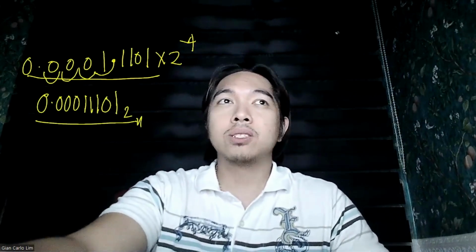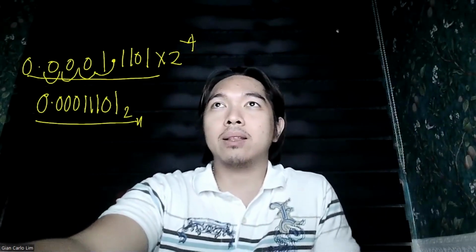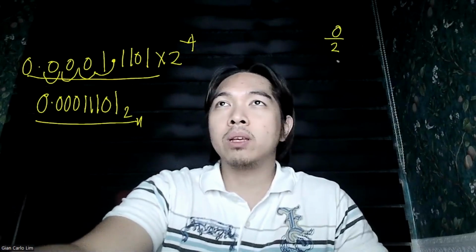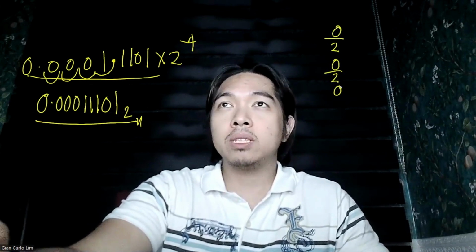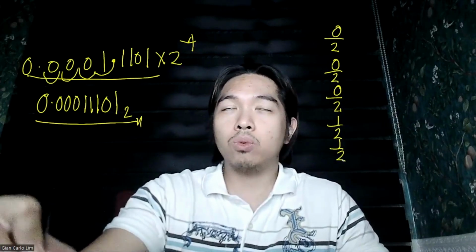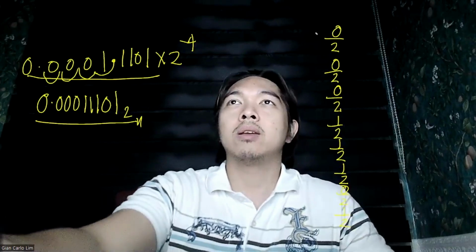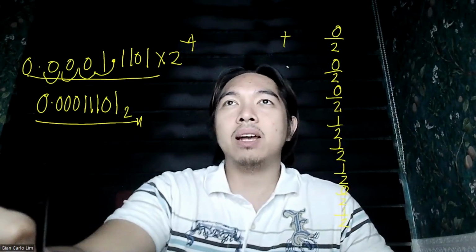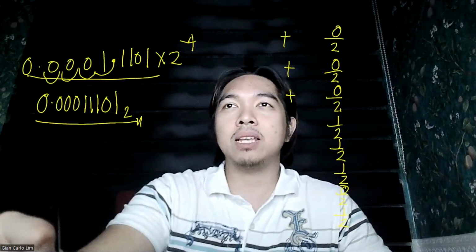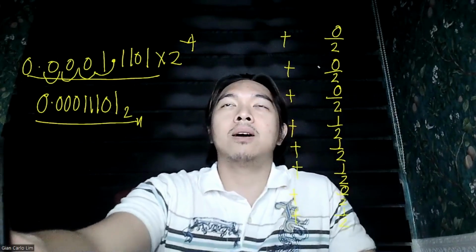Alright. So, 0 over 2. Ayusin lang natin sulat. 0 over 2, 0 over 2, 0 over 2, 1 over 2, 1 over 2, 1 over 2, 0 over 2, and 1 over 2. And then, lagyan natin ng space. Plus, plus, plus, and plus, plus, plus, plus, and plus. Alright.